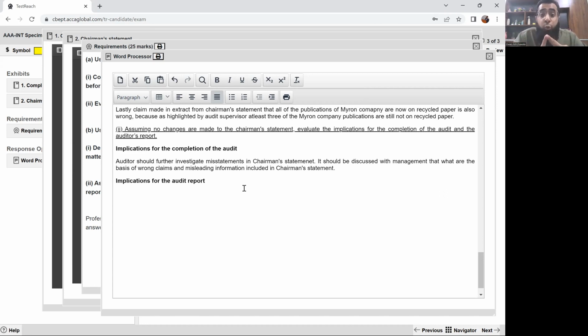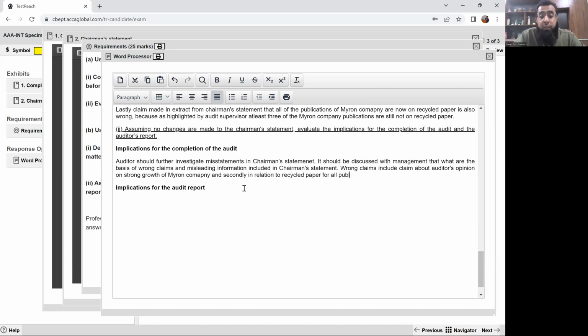One wrong claim is relating to recycled paper. Another wrong claim is about the auditor's approach, and then there is misleading information relating to sustained growth. Okay, wrong claims include the claim about the auditors' opinion on strong growth of Myron company, and secondly, in relation to recycled paper for all publications.